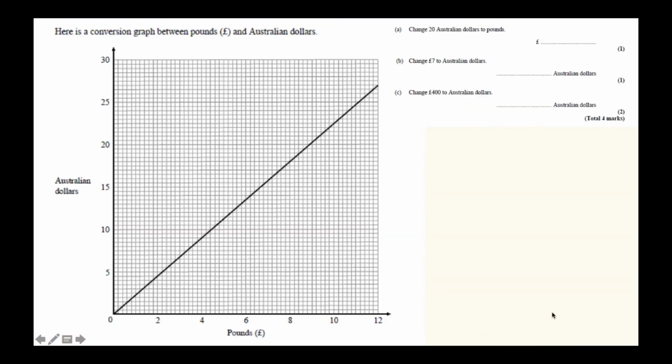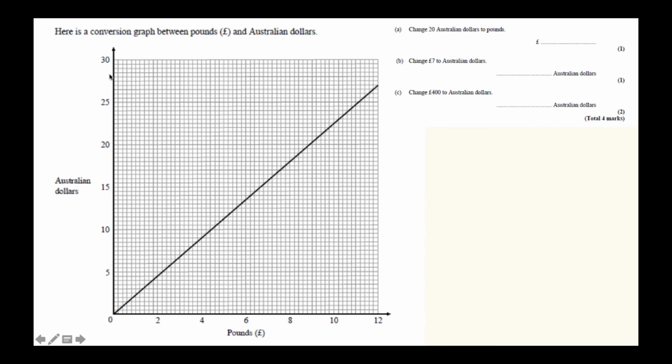Okay, so the last thing then that I just want to look at in terms of conversion graphs, it's not a distance time graph, it's just a conversion graph, converting money. So this graph converts between pounds and Australian dollars. The first question asks you to change 20 Australian dollars to pounds. And a conversion chart will always have a diagonal line here with the two types of whatever it is.